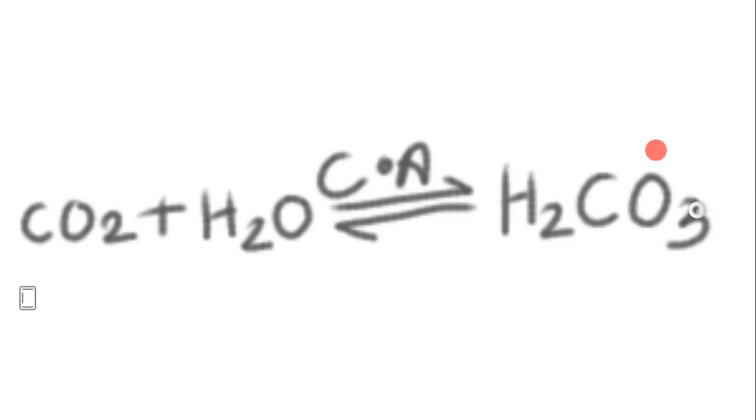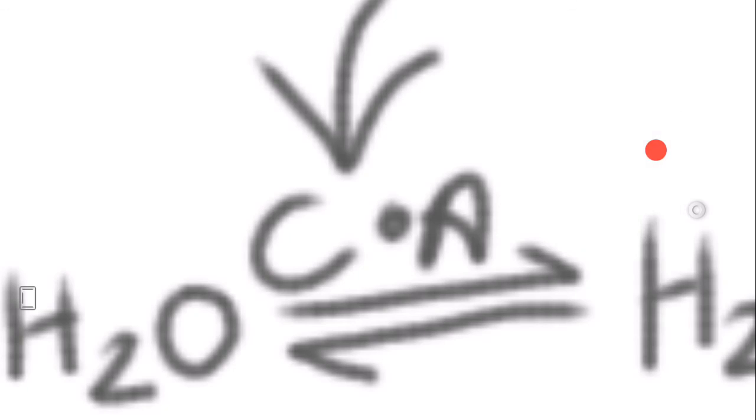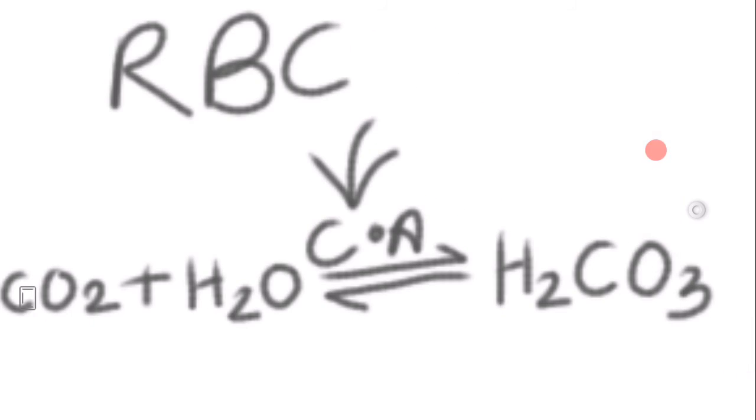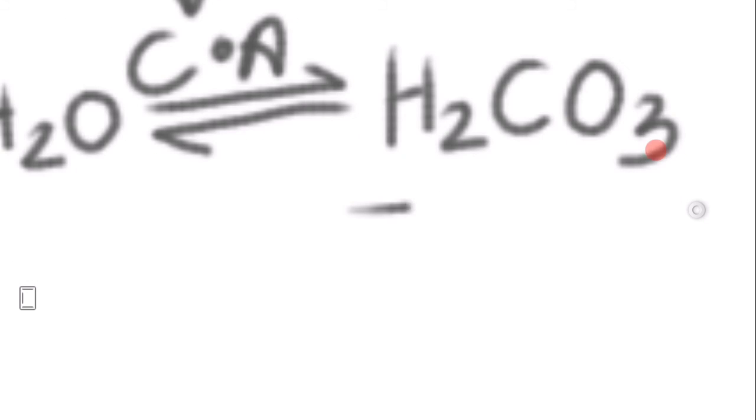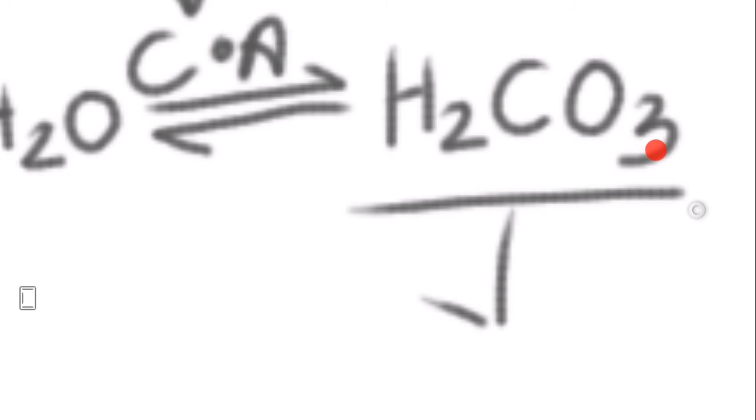But if it occurs in the RBCs, it occurs really fast and rapidly, and that is due to the presence of the enzyme called carbonic anhydrase, which speeds up the reaction forming carbonic acid.